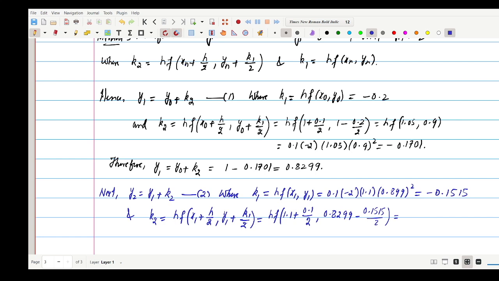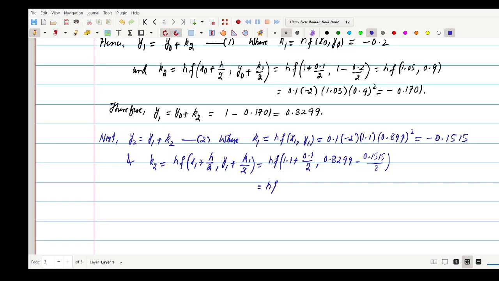So now this is equal to h f of 1.15. Now the second number is 0.7541, and finally this is equal to 0.1 into minus 2 into 1.15 into 0.7541 whole square. And now multiplying all these numbers, we get minus 0.1308. Hence our k2. So we have calculated the value of k1 and k2.